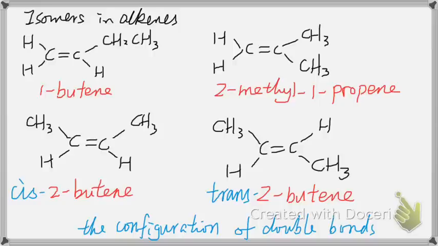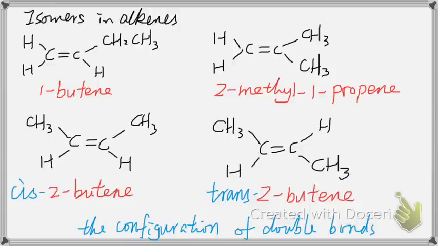And from Chapter 3, we talked about stereoisomers. And we say enantiomers are mirror images of each other, but not superimposable. Diastereomers are stereoisomers that are not mirror images. So according to the definition of diastereomers, cis and trans double bonds are stereoisomers of each other, but they are not mirror images.